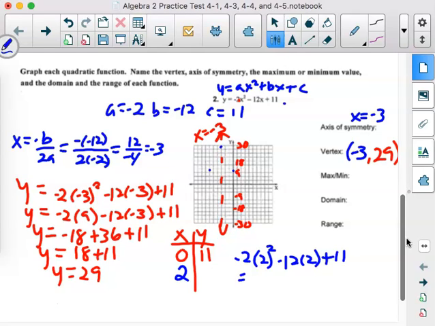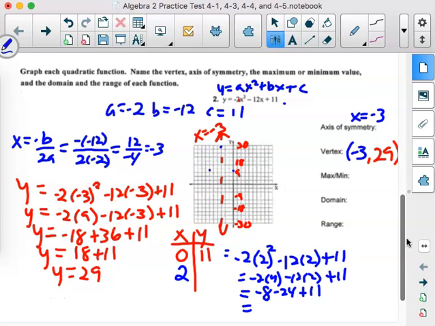And you could just put that in the calculator, parentheses and all, but I'm going to go ahead and use the order of operations for it. 2 squared is 4. So negative 2 times 4 minus 12 times 2 plus 11. And then we'd go ahead and multiply left to right. Negative 8 minus 24 plus 11.